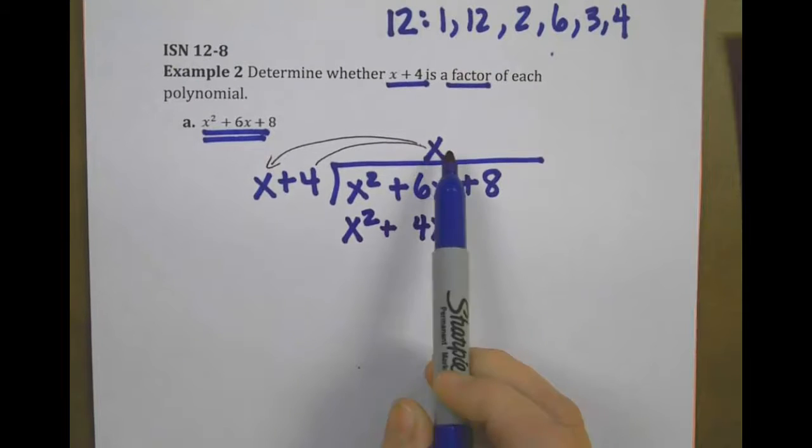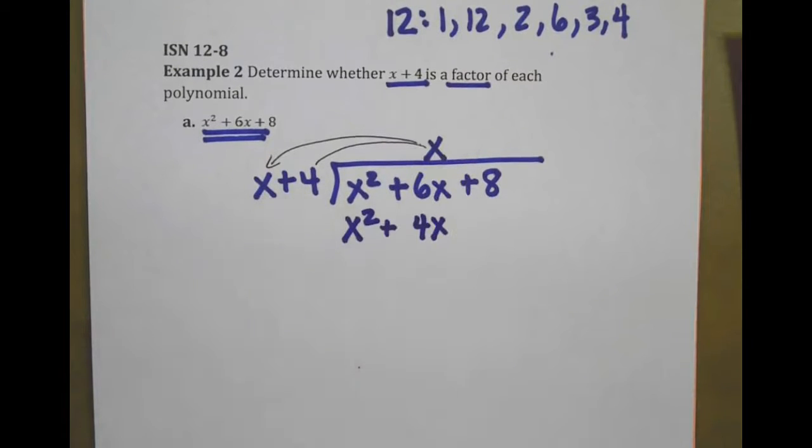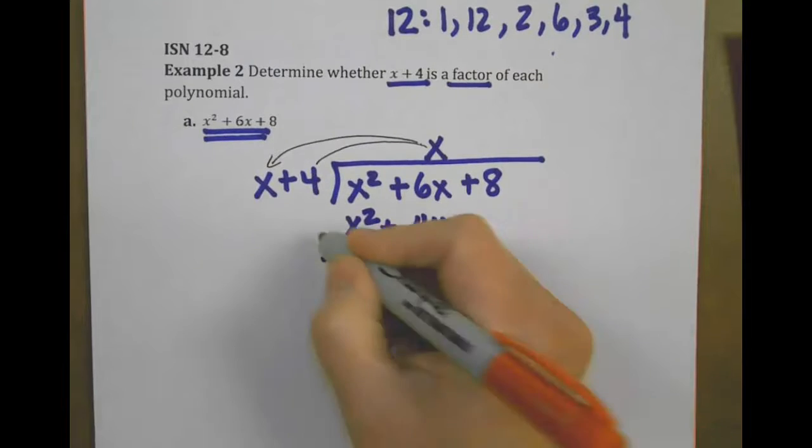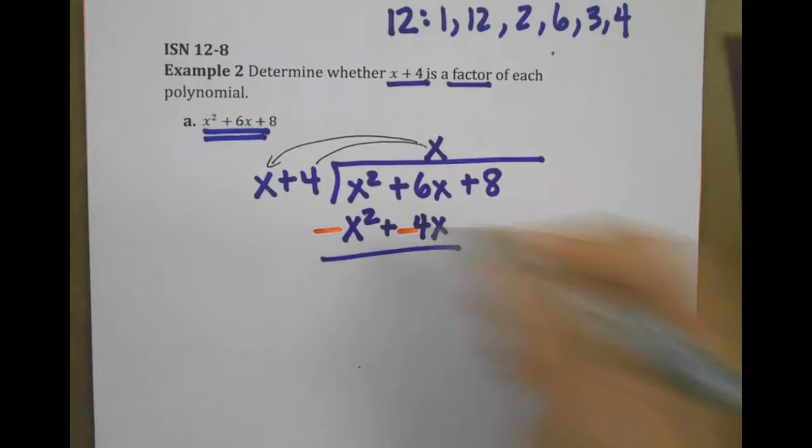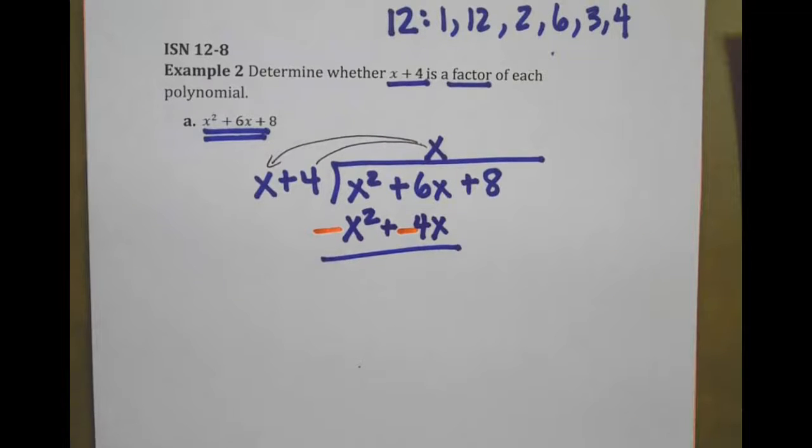I just multiplied this x times both of those. Then the next step is to subtract. You will make fewer sign mistakes if you think of subtraction as changing the signs and adding up the columns. Change the signs and add up the columns.